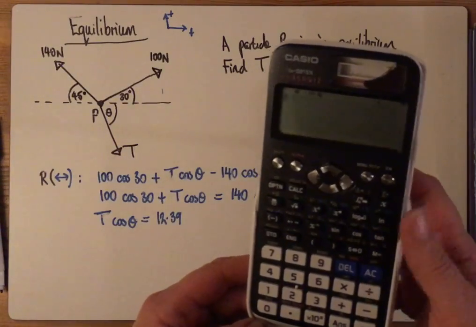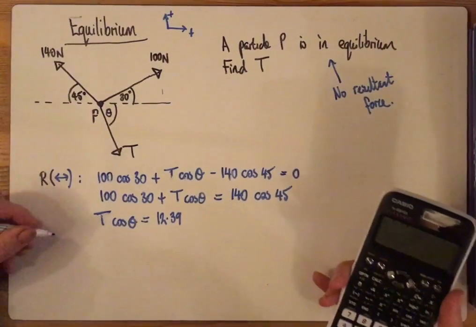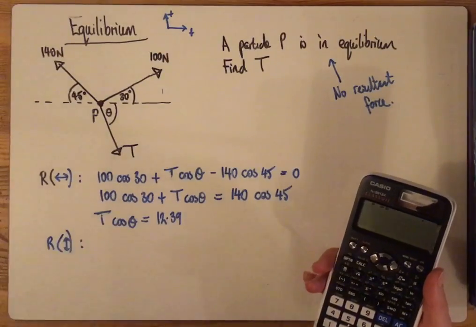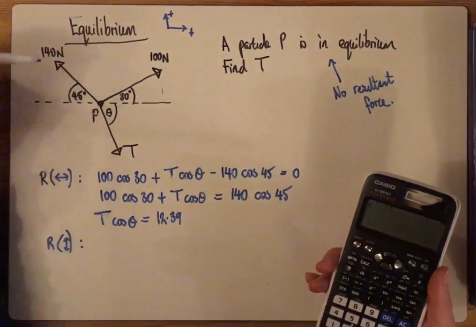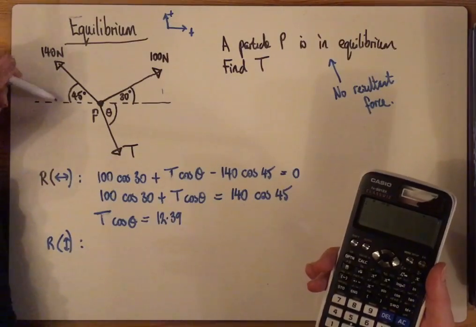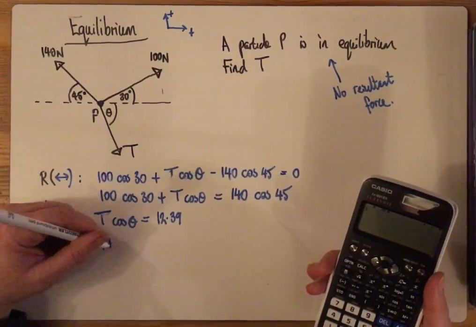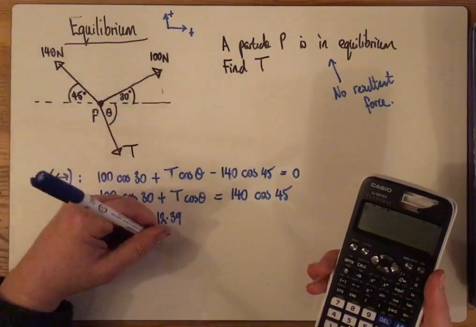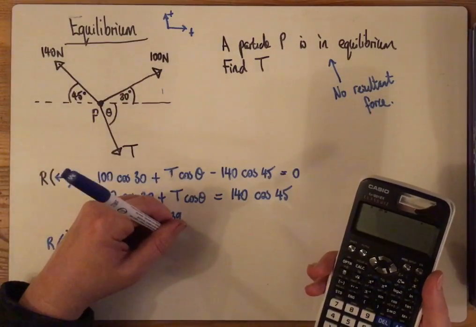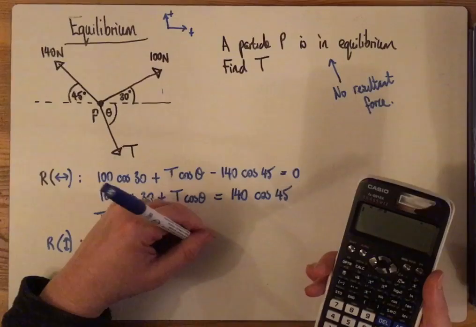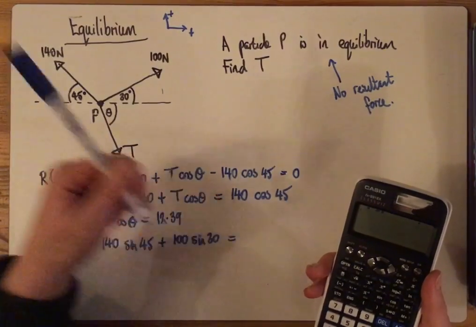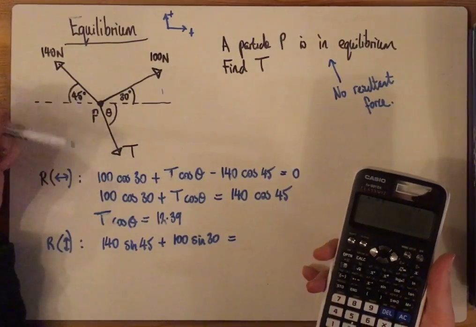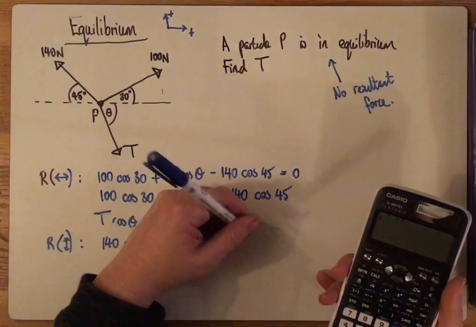And then similarly, I need to resolve vertically. The only thing I'd say about this question, it's really easy to get a rounding error. So vertically, I've got 140 sine 45, because I'm now wanting the opposite, plus 100 sine 30. That's acting up in that direction, and that needs to equal anything acting down the other way. So that is equal to t sine theta.